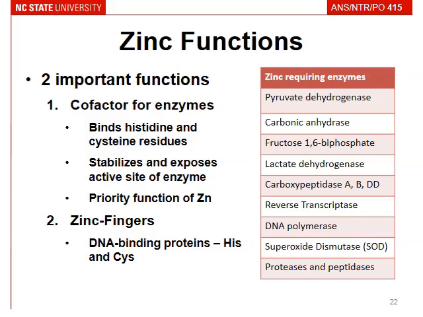The other main function of zinc is it forms zinc fingers, which is primarily also how it's working as a cofactor for these enzymes. But zinc fingers are critical for having proper DNA binding proteins. So by having these zinc fingers form on the various transcription factors, so this is in our transcription factors.